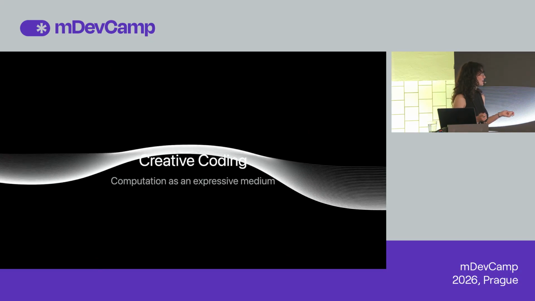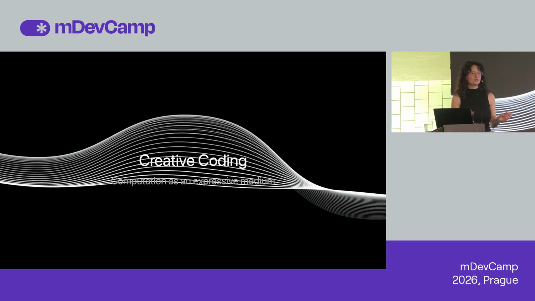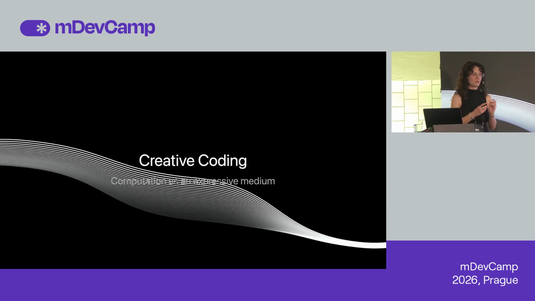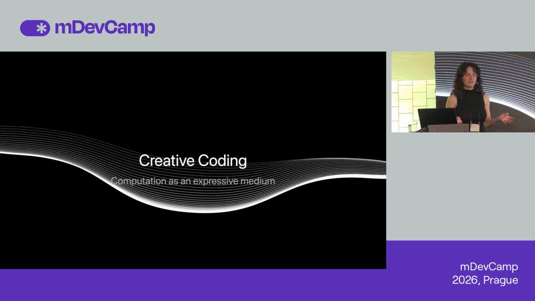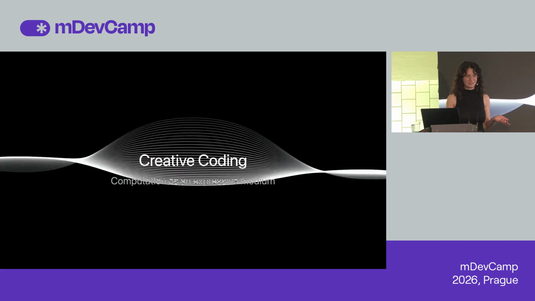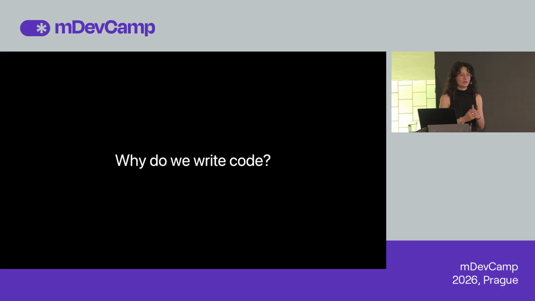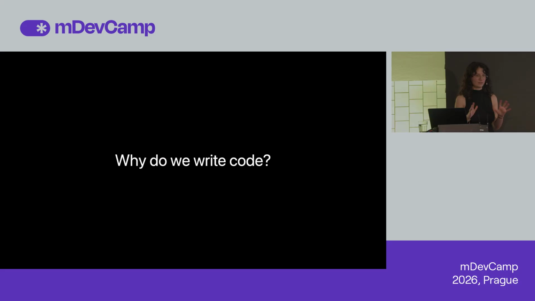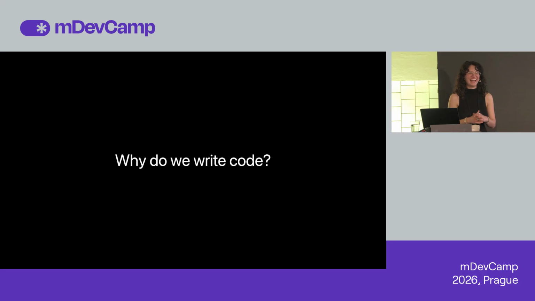So, creative coding. I want to start here with a question. You don't have to answer out loud. I just want you to think about it for a second. Why do we write code? Thought about it, right? I agree with that also.